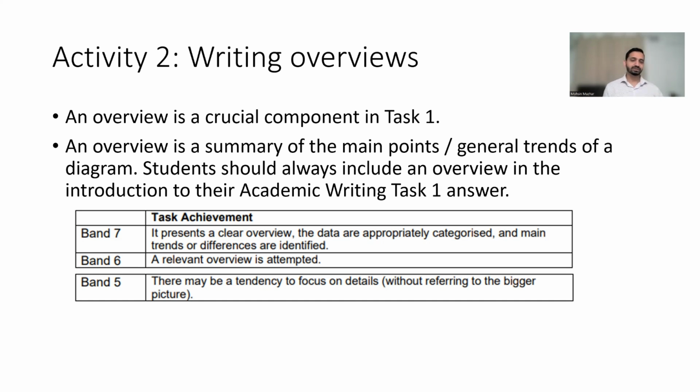Band 6, you can reach band 6 for task achievement if a relevant overview is attempted. You have attempted the overview, but it's not polished, it's not clear. You can achieve band 7 for task achievement if it presents a clear overview, the data are appropriately categorized, and the main trends or differences are identified.